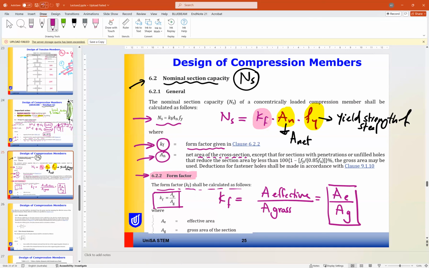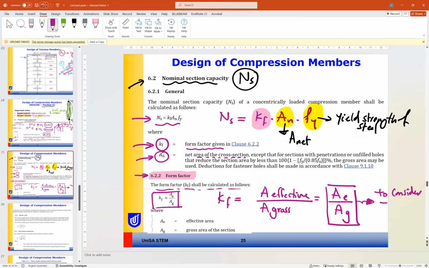This is a factor to consider the local buckling effect on the section capacity. So this is the importance of this factor. We will see now how this is important.